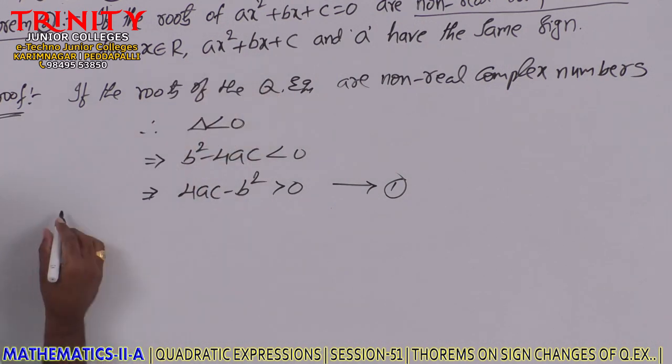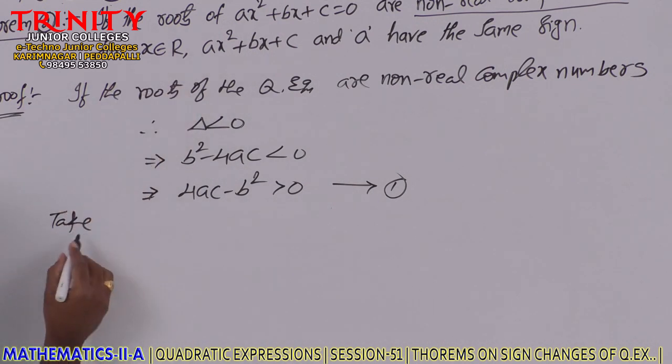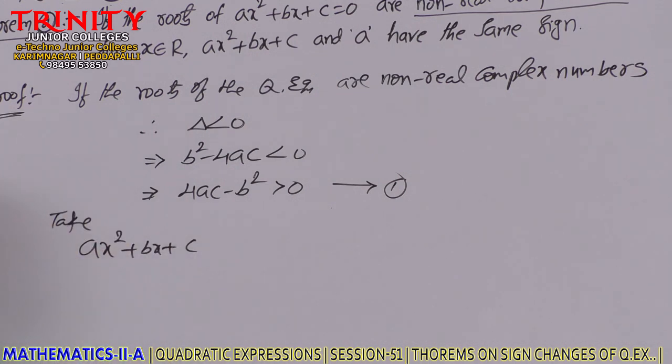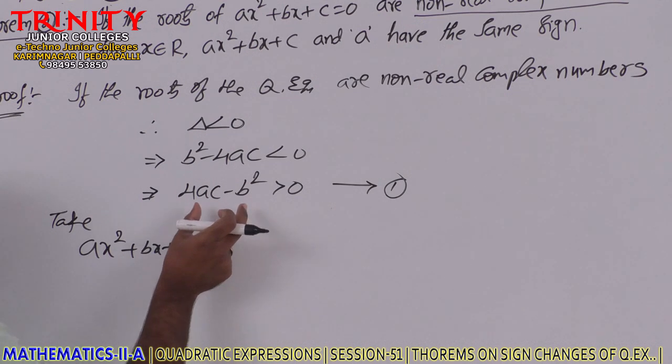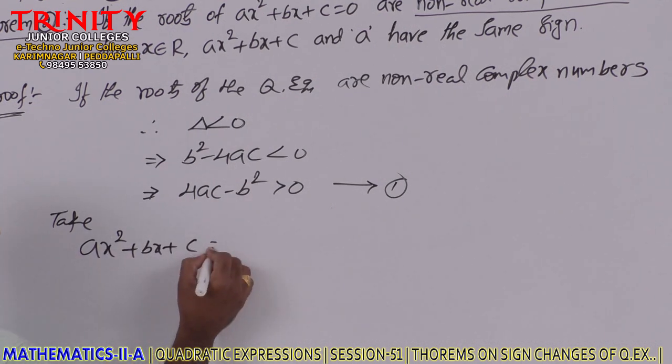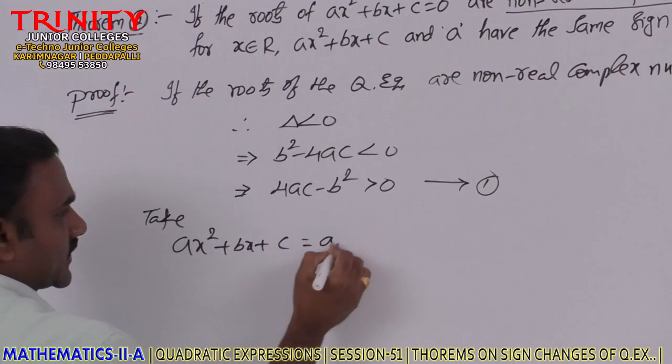Now take the quadratic expression ax square plus bx plus c. In this we have to use this condition. To use this condition we have to create this term. Then how will we create it?